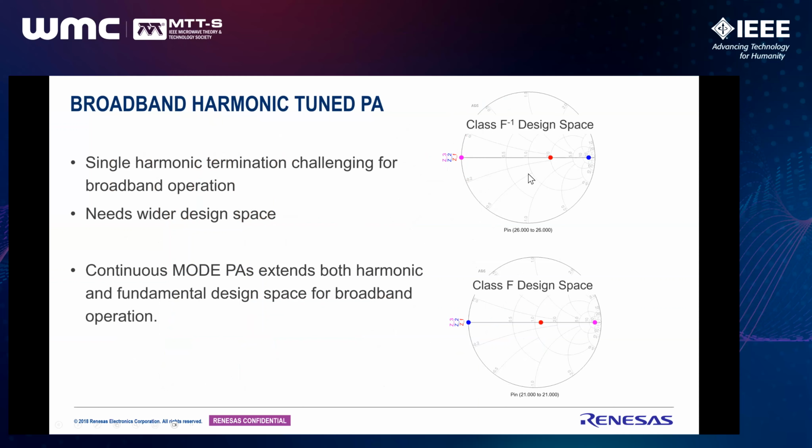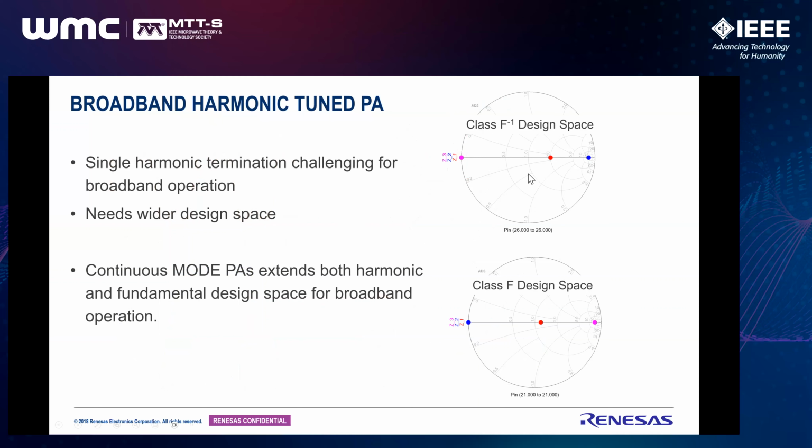Just a quick summary, I'm going to discuss from the waveforms point of view how the continuous mode PAs look. For a continuous mode class BJ PA, the current waveform still looks the same as class B. It's exactly the same.